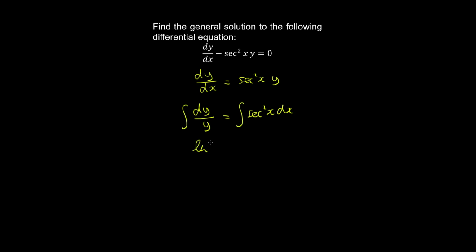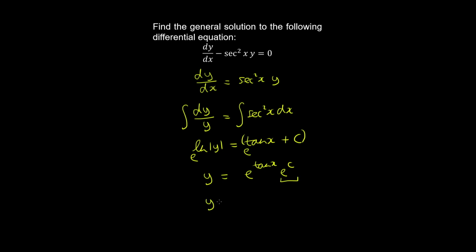So on the left hand side we get the natural log of y, and on the right we get tan x plus a constant of integration. And now we can take e to the power of both sides. So therefore we obtain y is equal to e to the power of tan x times e to some constant, and this is just another constant.